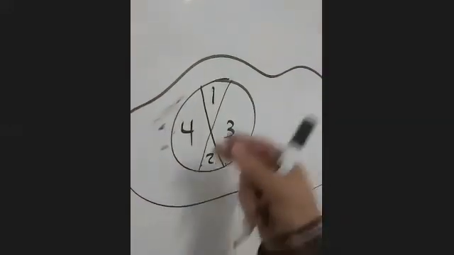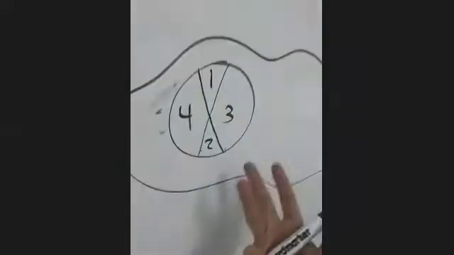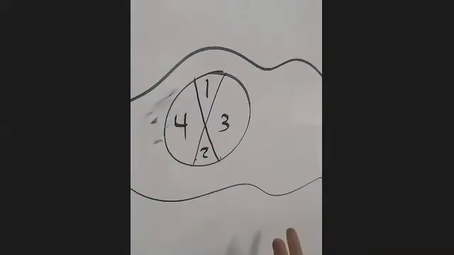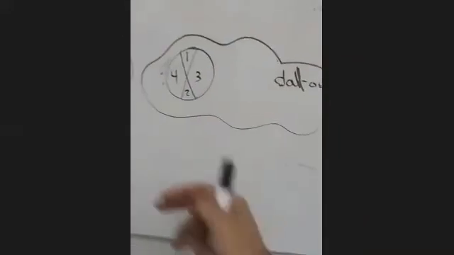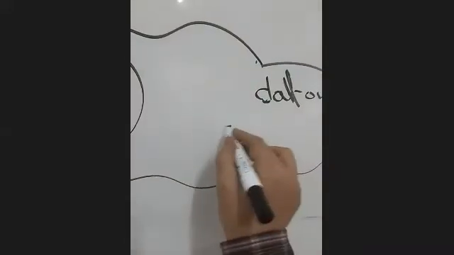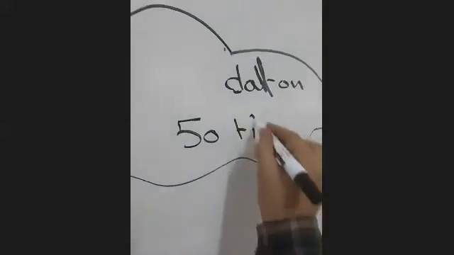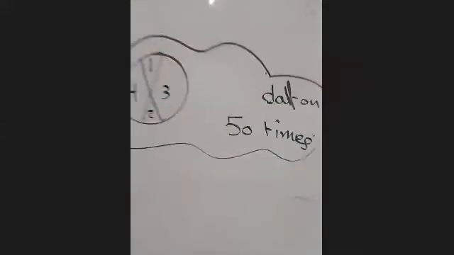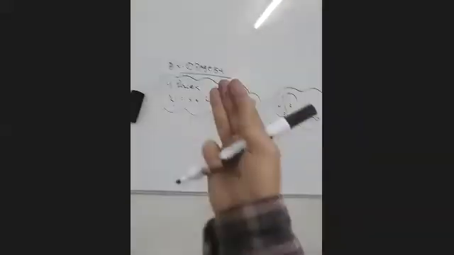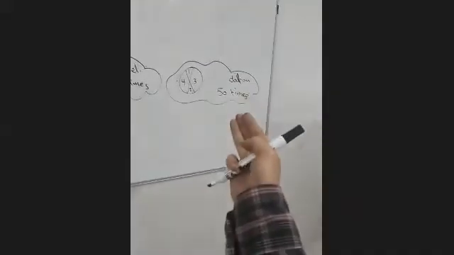The probability to have a 3 or 4 is bigger than the probability to have 1 or 2. Dalton spins this spinner how many times also? 50 times. Good. So these are the 2 experiments for Maribel and for Dalton.